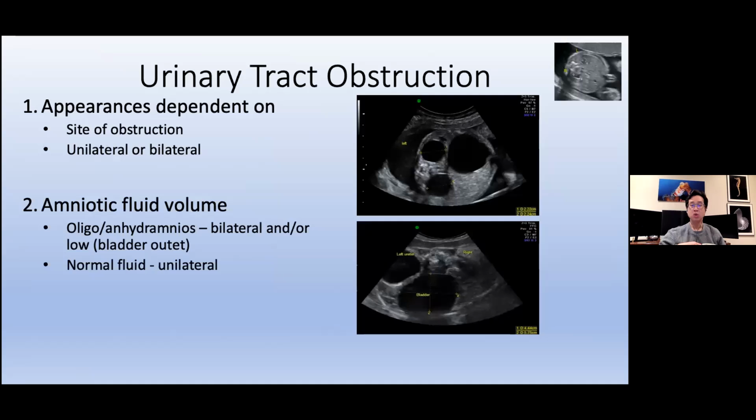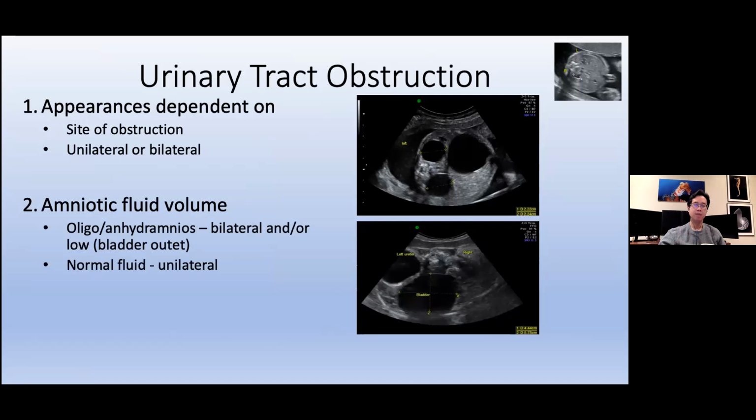Okay, so how do you tell what is obstructed with urinary tract obstruction? So it depends on the site of the obstruction, whether it's unilateral or bilateral, and the importance of correlating that with your amniotic fluid volume, because both of these things will give you an idea of where the obstruction is occurring.